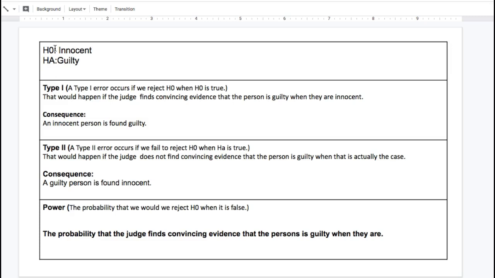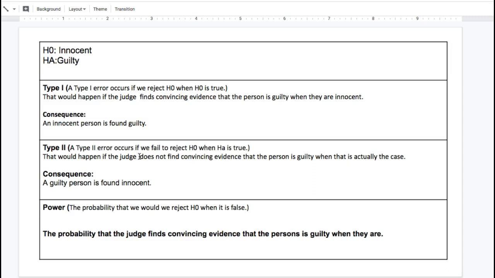So if your null hypothesis is that someone's innocent, the alternative is that they're guilty. The type 1 error would be the judge finds convincing evidence that the person is guilty when they're actually innocent. So the consequence is an innocent person is found guilty. Whereas if they made a type 2 error, that means we failed to reject the null when actually the alternative was true.